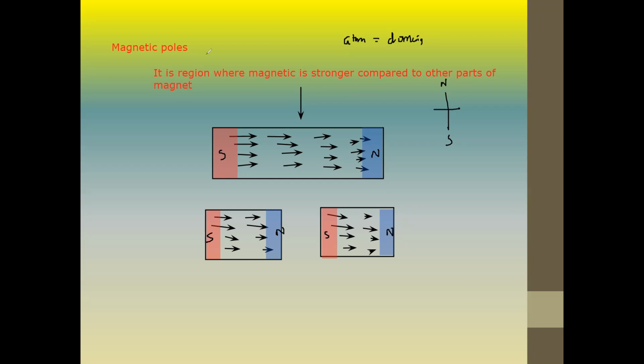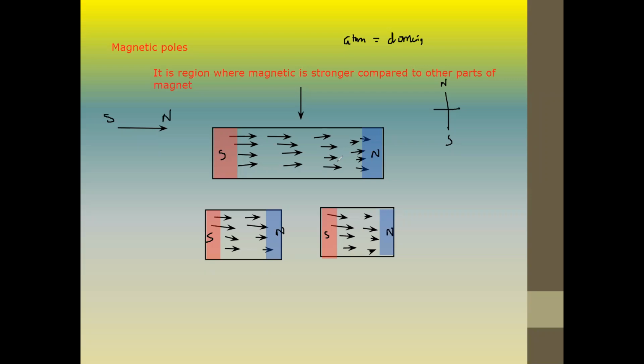The reason why, when you break a magnet, it always has a north and south, is that each atom has its own magnetic field. One side is south and another side is north. I'm not breaking the atom, I'm breaking the material.